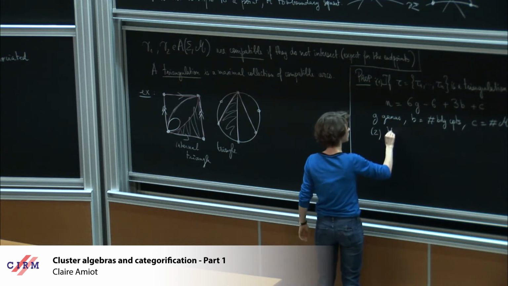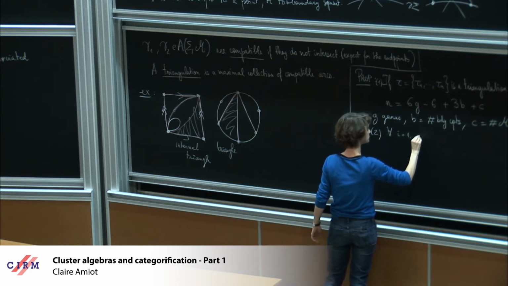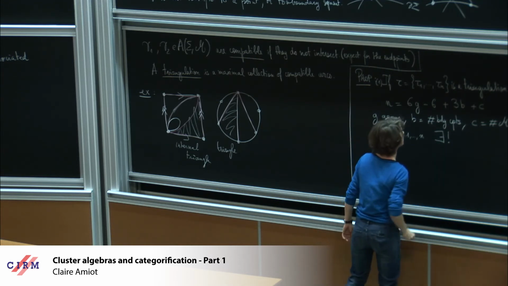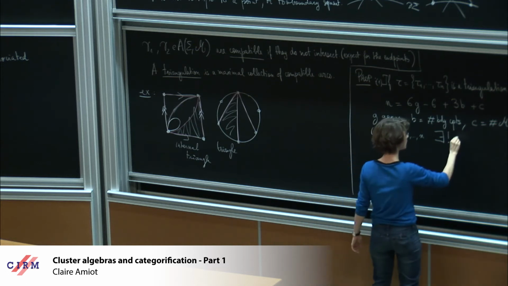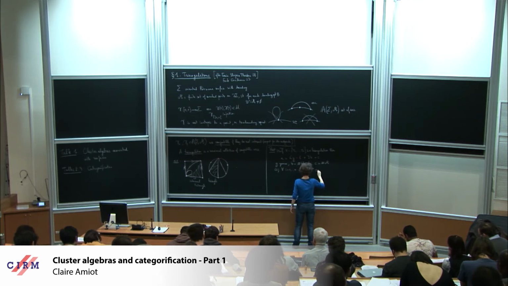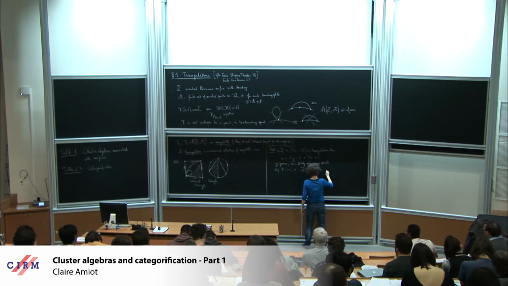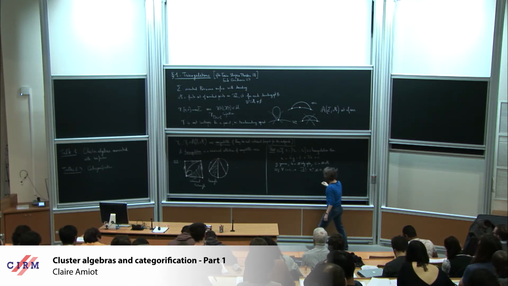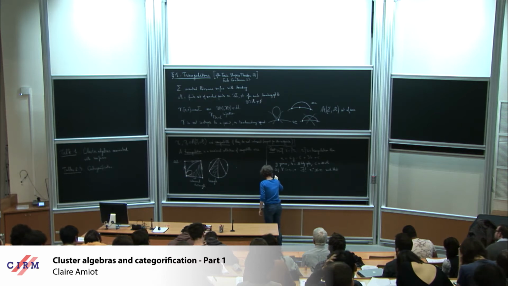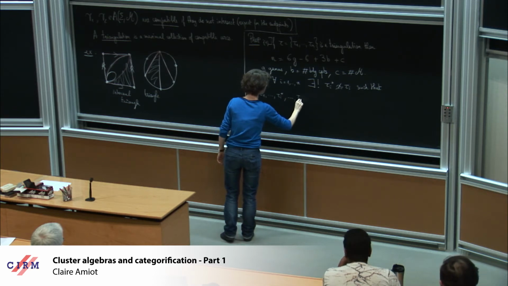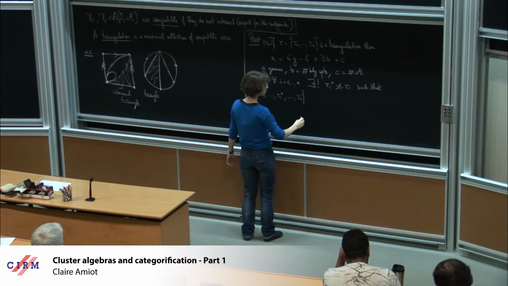For any i, there exists a unique tau i star, which is not isotopic to tau i, such that if you replace tau i by tau i star, you get a new triangulation.